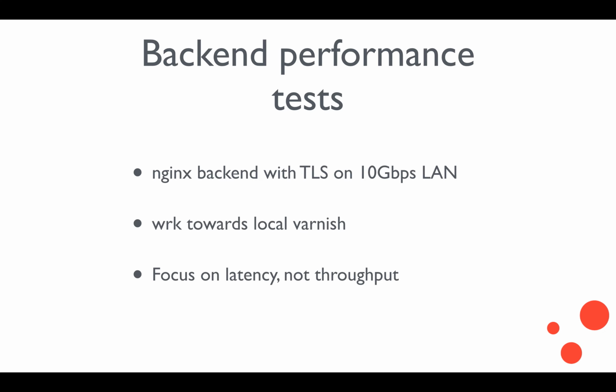Done on 2 servers connected by a 10 gigabit LAN. Again, we were using wrk to create the client traffic towards the Varnish that was non-encrypted for these tests. So wrk was running on the same server as Varnish. And then the Nginx server was across the LAN connection.